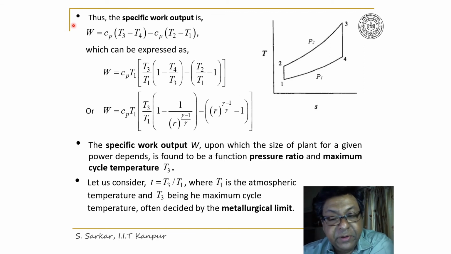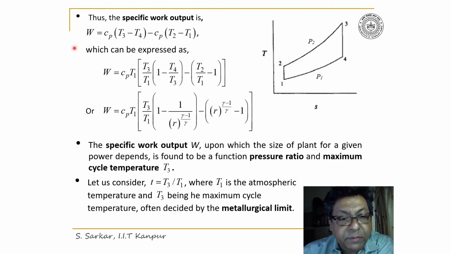Here I derive the expression for the specific work output for the simple gas turbine cycle. Let specific work output, that is work output per unit mass flow rate, be denoted as W. So W is equal to Cp into (T3 minus T4), that's the turbine work, minus compressor work, that is Cp into (T2 minus T1).